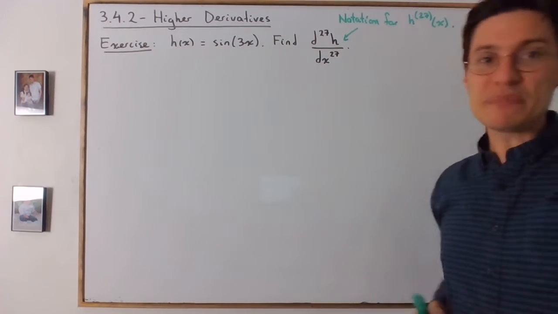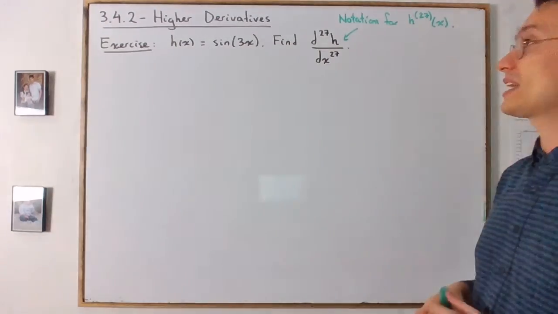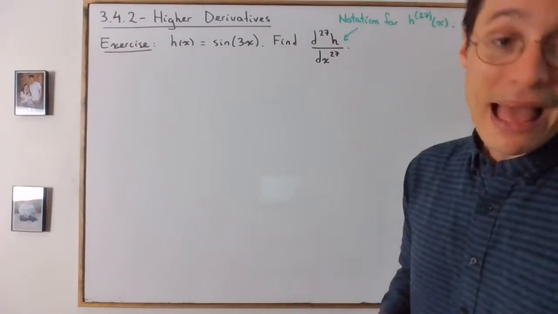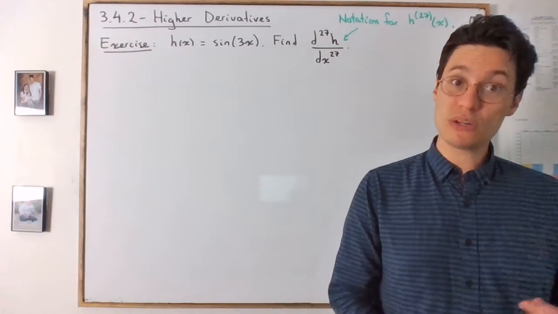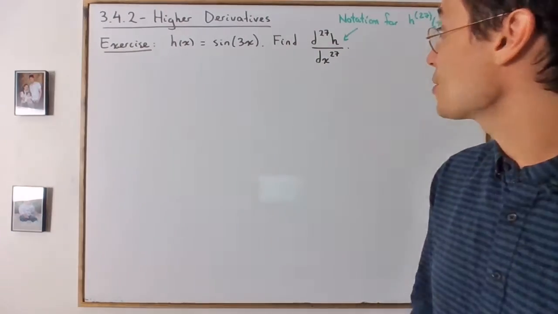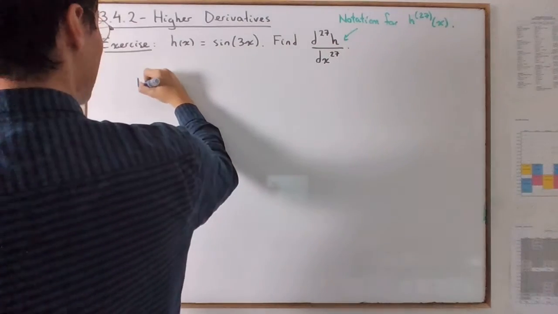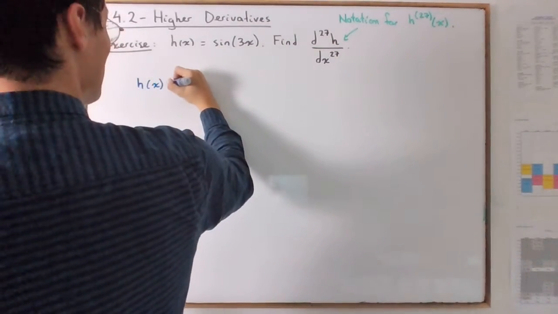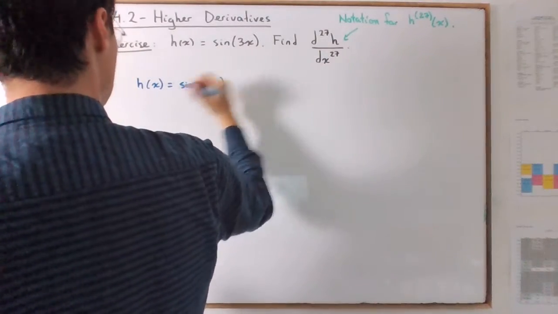I just throw it in because you need to be aware that I could also ask the notation like this. And obviously, we're not going to take the derivative 27 times. You will see that actually 5 times is enough. So let's go. Let's write h of x, and you will soon see why I'm rewriting h of x. It will become relevant.